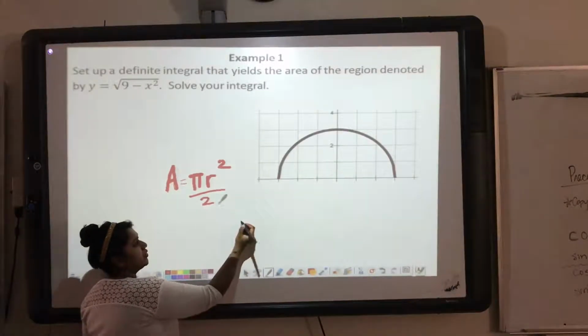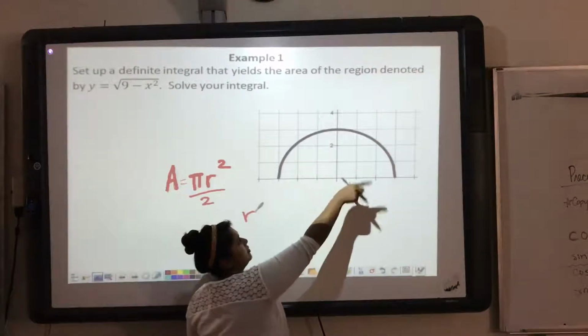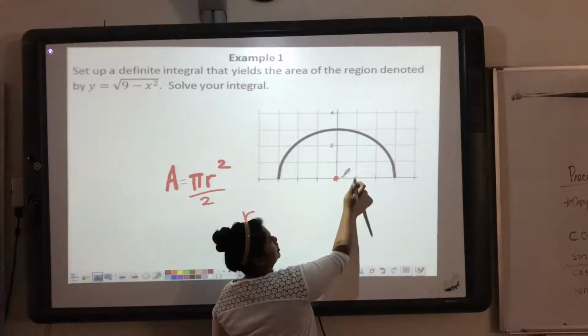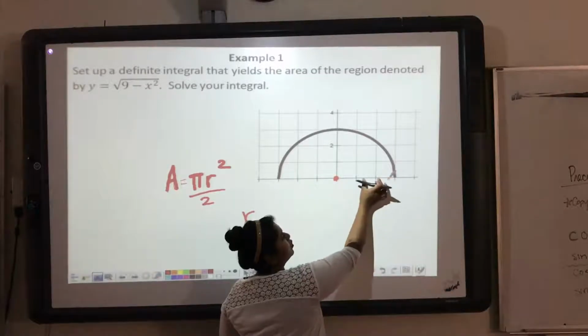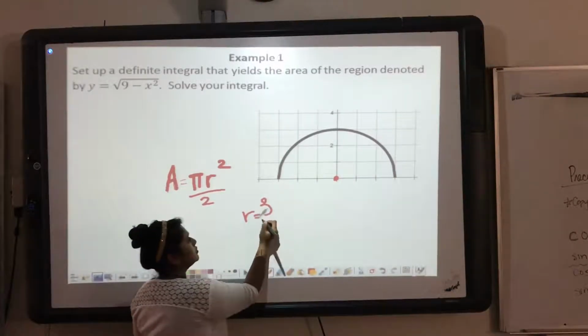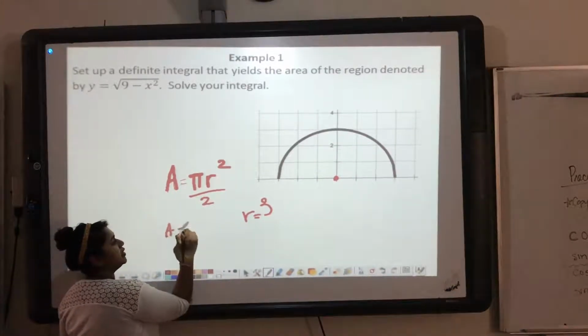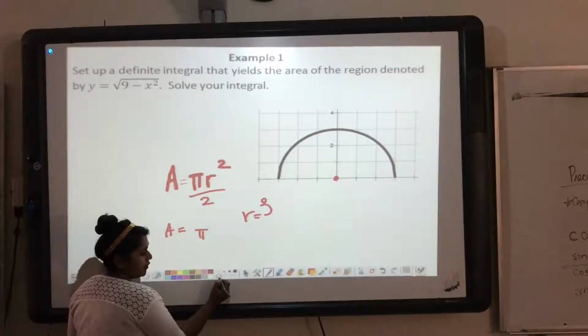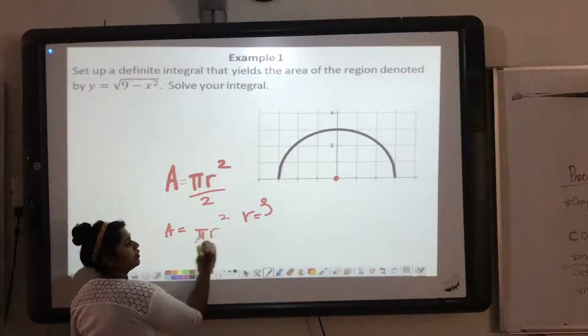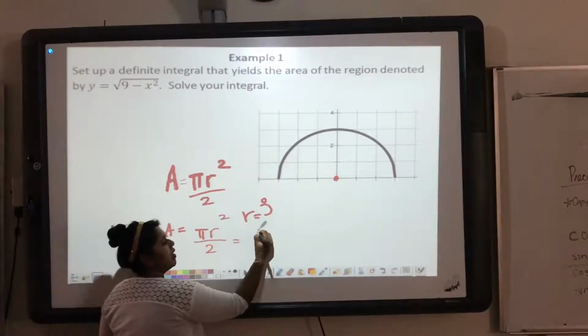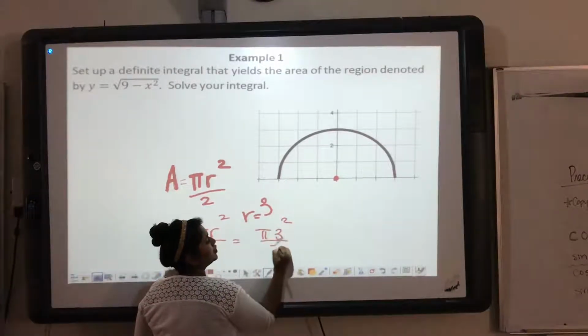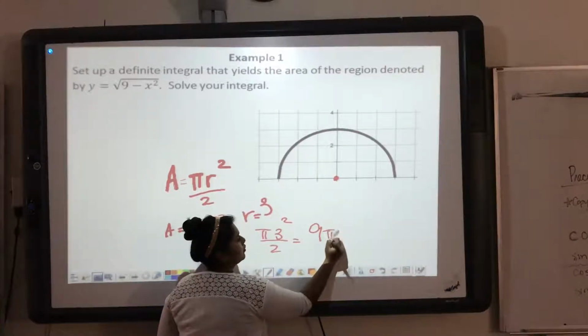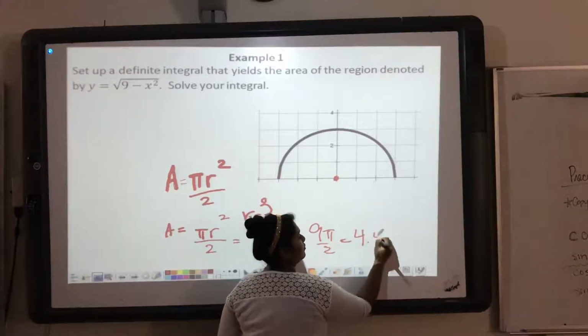The only other thing I need is my r, and I can come to my graph, and I can see this is center, so my radius must be 1, 2, 3. So this becomes the area equals pi r squared over 2, which equals pi times 3 squared over 2, which is 9 pi over 2, or 4.5 pi.